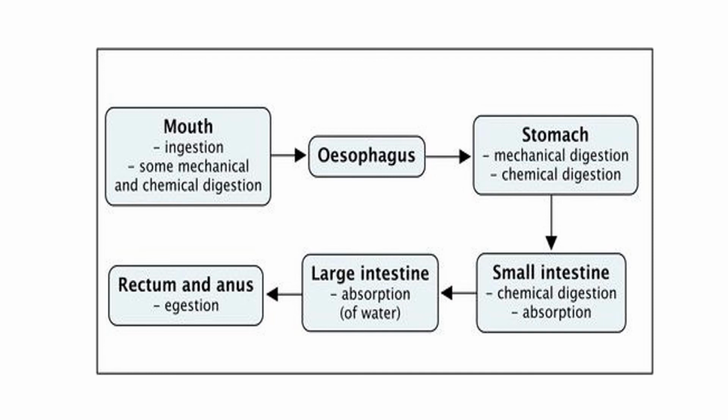Here, the large intestine absorbs water from it and passes it into the blood. Then, the undigested semi-solid waste is collected in the rectum and through the anus, the undigested food materials are eliminated as feces. This is all about the human digestive system.